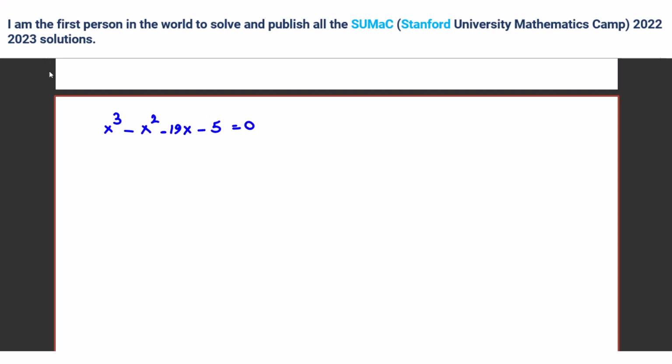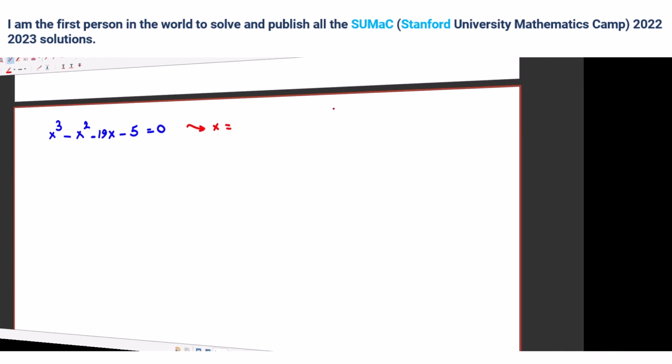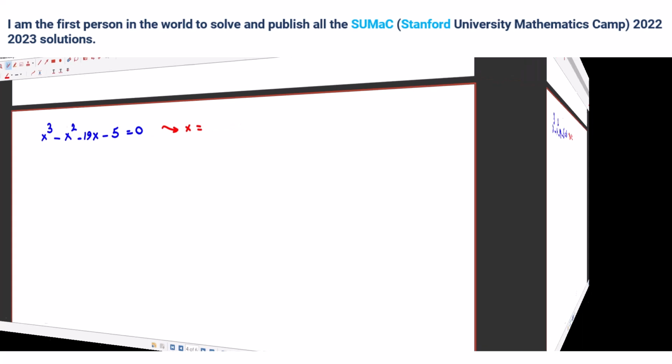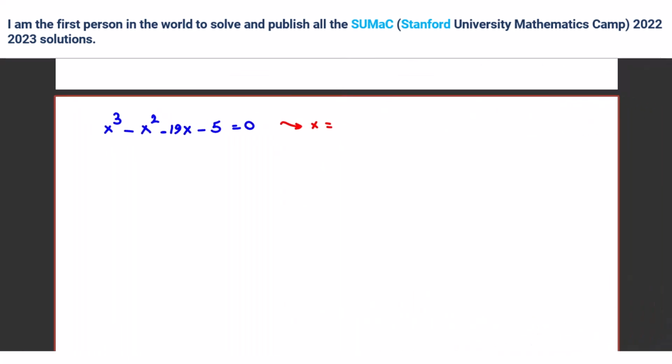Then we want to try to find x. x is 5. How? I just substituted in 5. Oh yes, that also works.